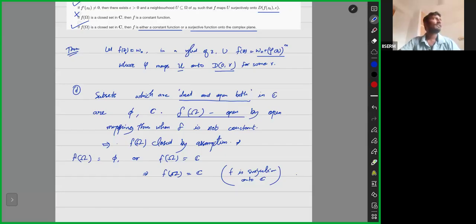It is non-empty just because omega is a non-empty subset. So it will be all of C. Fine.